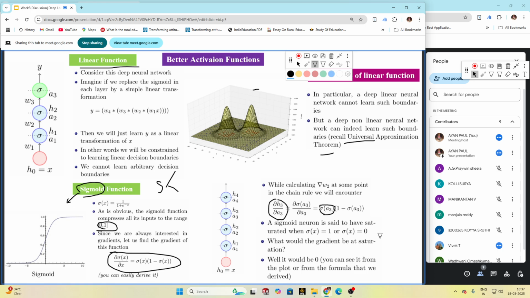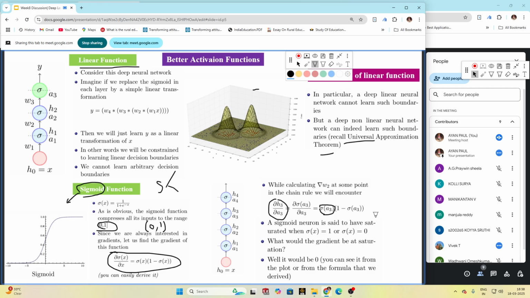Again, I am repeating what this is. The range of this sigmoid function is from 0 to 1. Actually, it will not be 0 completely or 1 completely, it will only approach them. That is why this bracket will not be a square bracket, but a round bracket.